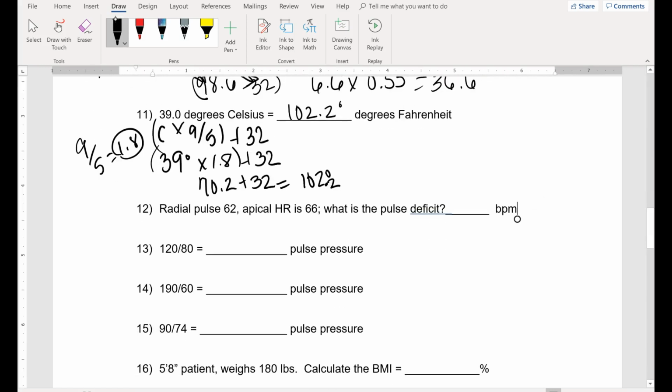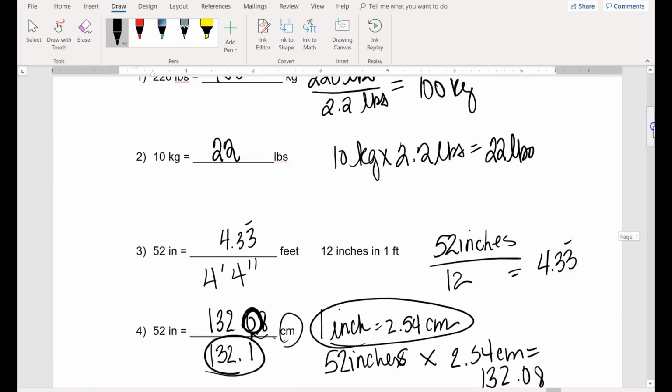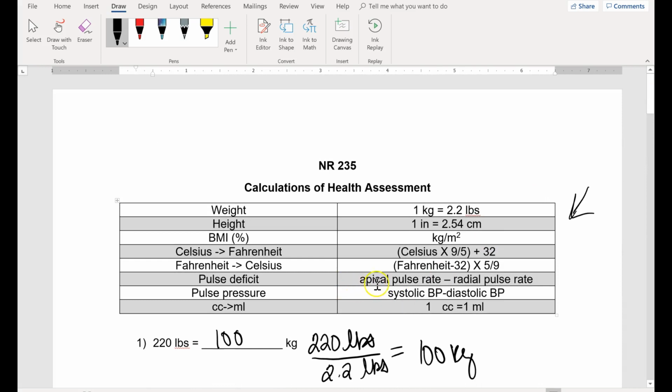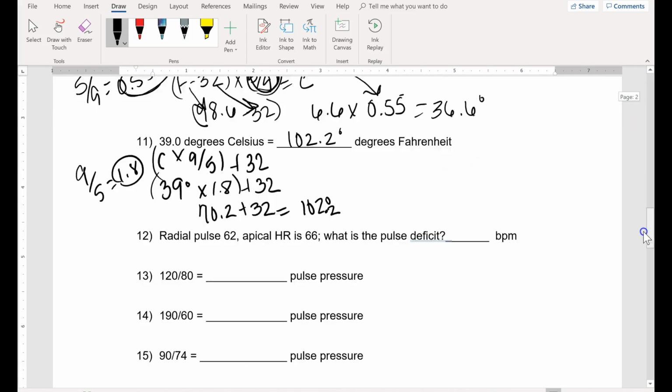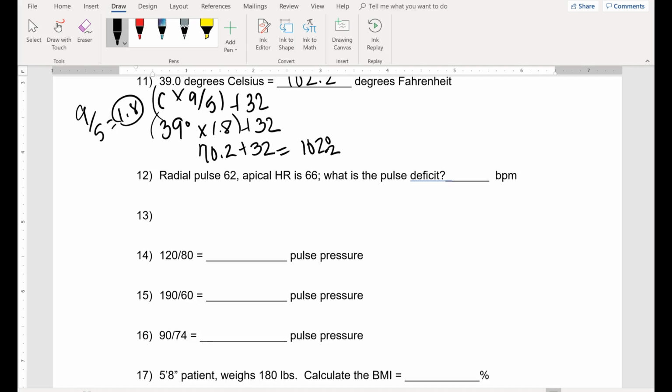Okay, so for our radial pulse, our pulse deficit, we're going to take our apical. I'm going to show you where it is up here. Pulse deficit is our apical minus our radial. And when we talk about this, this is just what happens when we have heartbeats that are lost between the heart and the periphery.